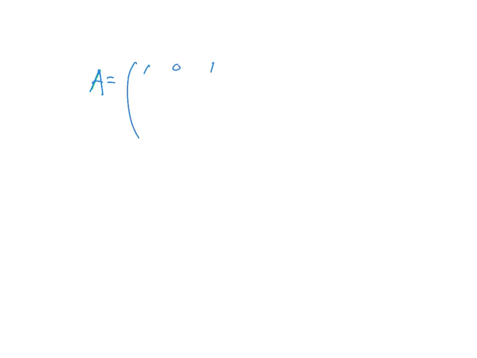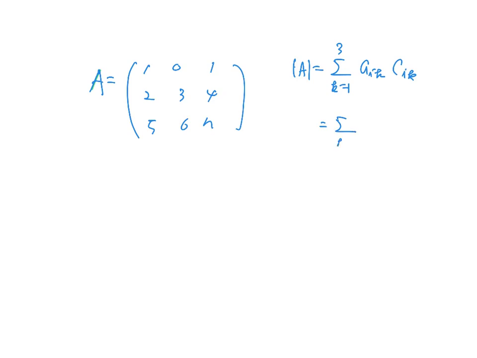1 0 1 2 3 4 5 6 7. So determinant A can be written either way, a_ik C_ik, or a_kj C_kj.